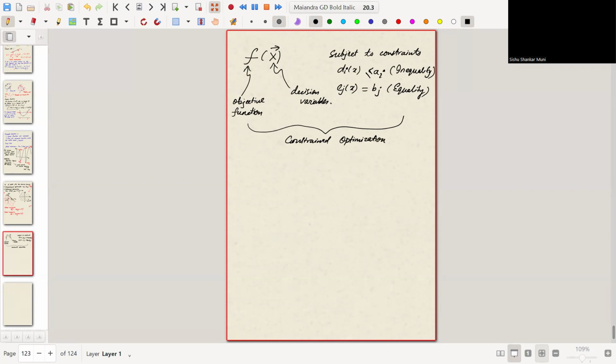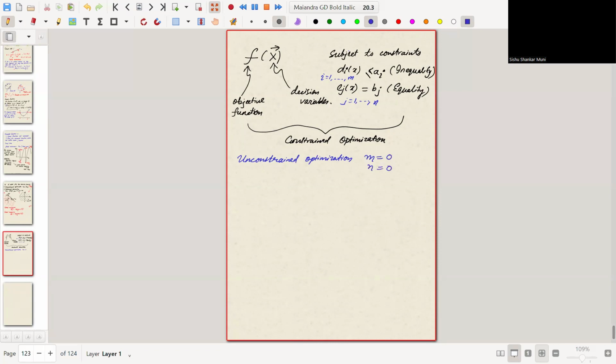Unconstrained optimization problem, obviously, I have not mentioned it here, but you can mention it. I may span through M and J can span through N. So you have a total of M plus N constraints, isn't it? Now what does it mean to be an unconstrained optimization problem? An unconstrained optimization problem occurs when M equals 0, N equals 0.